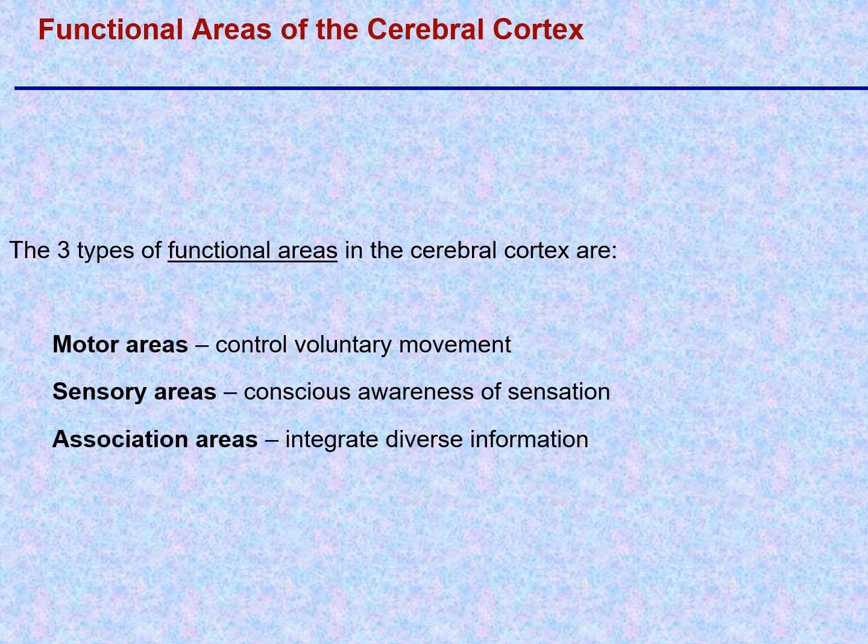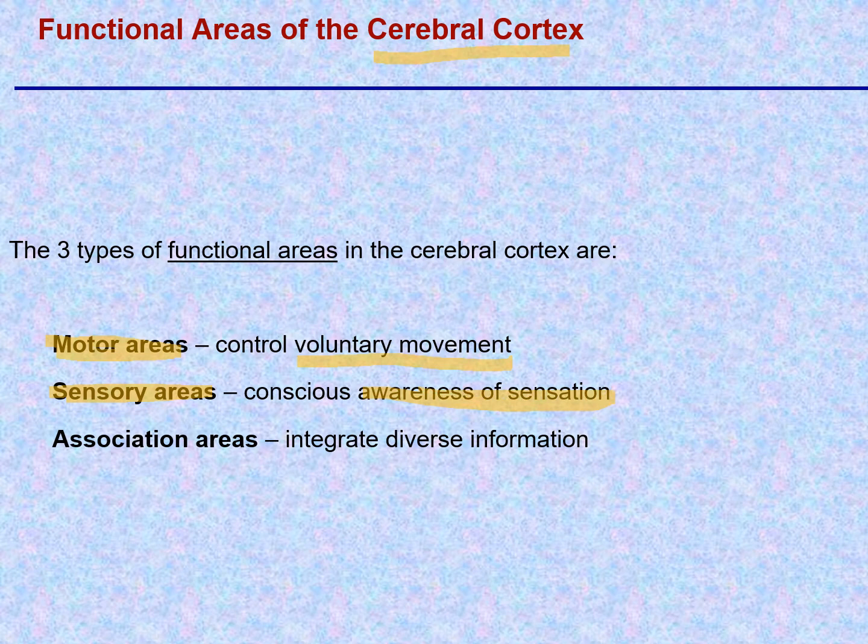In terms of the functional regions of the cerebral cortex, there are 3 different types of functional areas. One is the motor areas that are controlling voluntary movement. The other is sensory areas that are consciously aware of sensation.